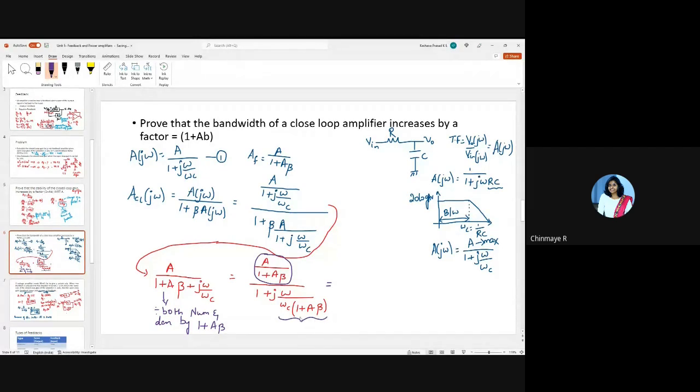Now instead of omega c here, you have omega c into 1 plus A beta, which means for a closed loop system, the bandwidth has increased by a factor of 1 plus A beta. So when you close an open loop amplifier with a feedback, the gain decreases by 1 plus A beta, and the bandwidth increases by 1 plus A beta, so as to maintain the gain bandwidth product constant.